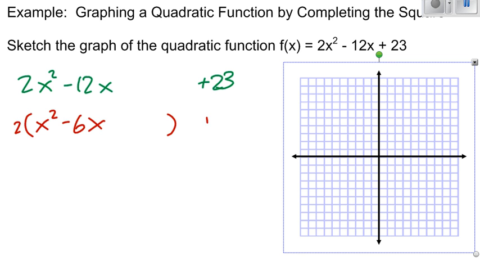Keep your 23 way over here separate. Now we're going to complete the square inside the parentheses, so b over 2 squared. So 6 over 2 squared, so that would be negative 3 squared is 9. So we're going to add 9 inside the parentheses.